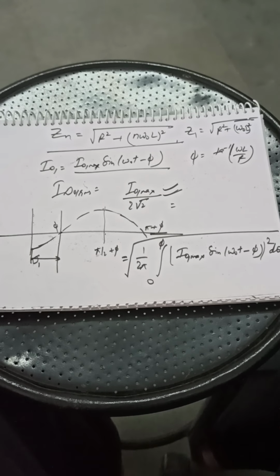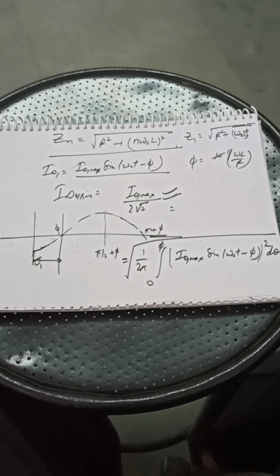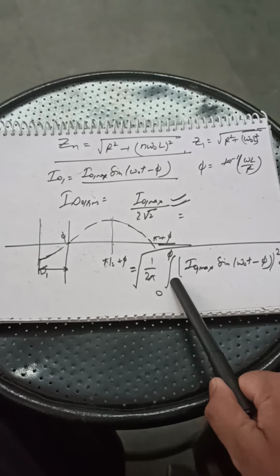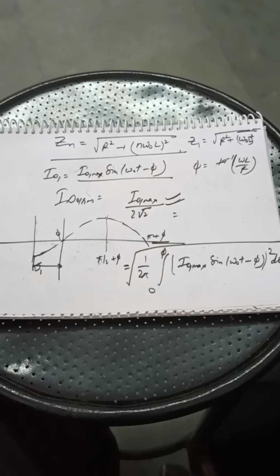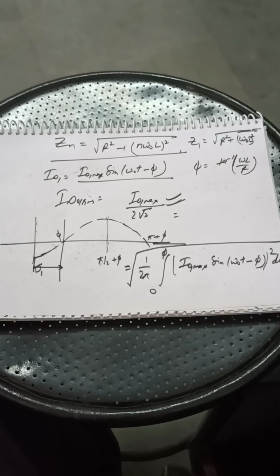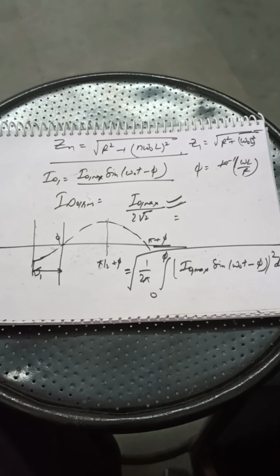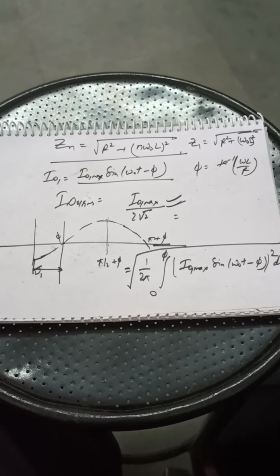It is nothing but the total phase angle, or the total angular time period, of this fundamental wave. So we can easily get the expression of the RMS component of current passing through the diode, ID01 RMS.